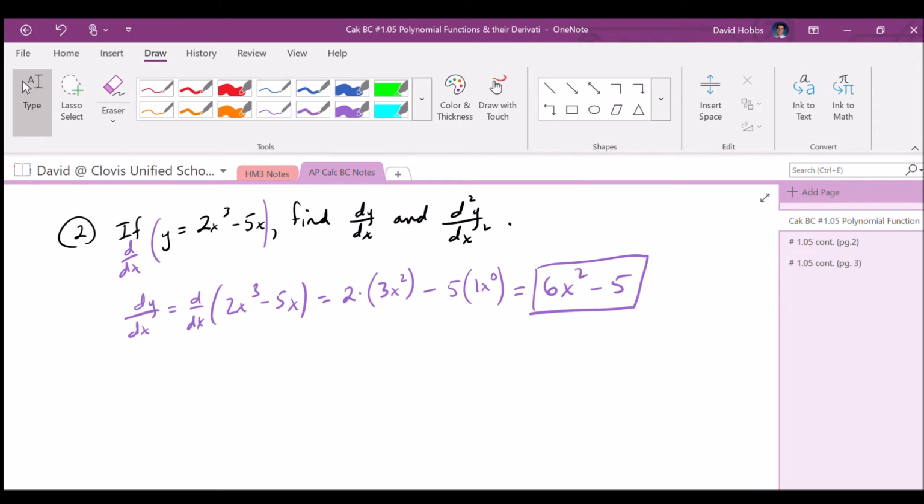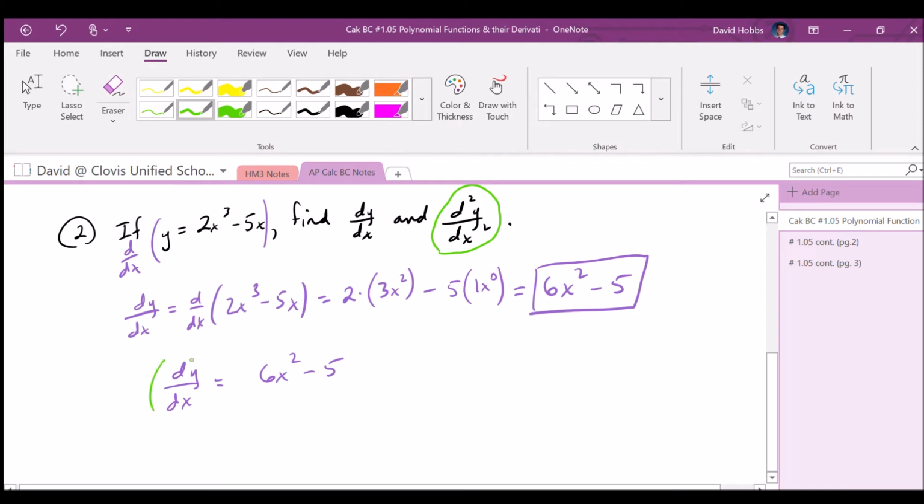This d to the second power y over dx squared. Okay, well, what's going on there is, well, we just had dy dx equals that. So if I do the derivative of both sides, again, with respect to x, because this is what's really happening.